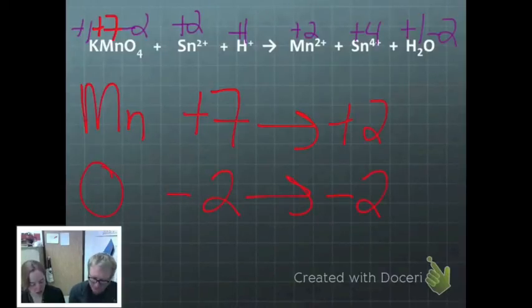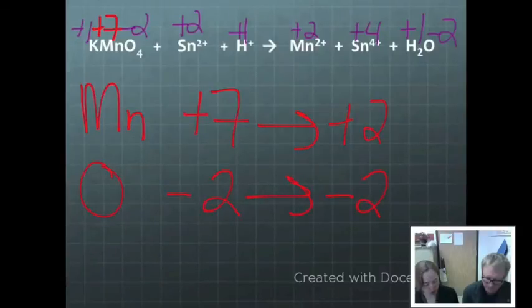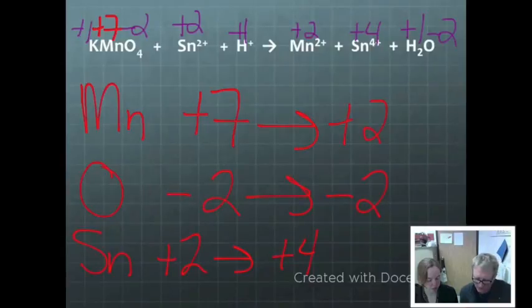So then what does that leave us? So we've got Sn that started out as +2. It ended up as +4. All right, so that was something. So then we still had hydrogen, but hydrogen has done what? If I look up here, hydrogen is +1 there, and hydrogen is +1 there. So hydrogen is also boring in this reaction. So what we need to look at is our manganese and our tin.